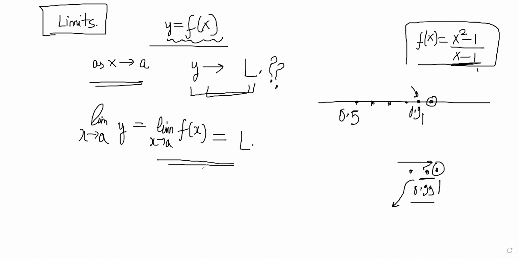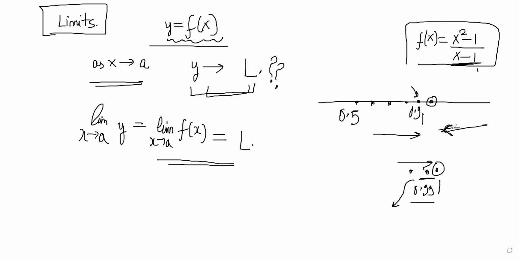So the idea of the limit is, if you come closer to a particular point, you can come closer to it from both sides. You can come closer to it from here, or you can come closer to it from the other side also, right?